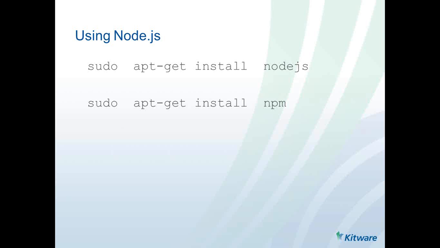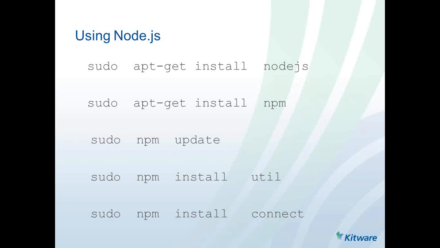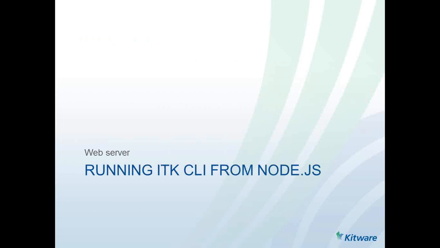There's a collection of packages, and NPM will drive those packages. Once you have installed NPM, you want to update it so it knows what packages are available. Then we want to install two helper packages: one is called util, and the other one is called connect. With these two packages, with a few lines of code, we can set up a file server in the system.